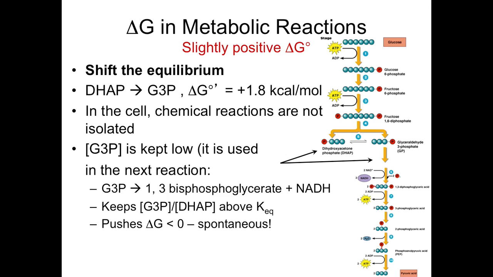So we get a lot of energy out of glycolysis, and glucose is a relatively stable molecule, and so you have glucose, which is going to be phosphorylated by ATP to make glucose 6-phosphate, and then you have an isomerization reaction that produces fructose 6-phosphate. Glucose is a 6-membered ring, fructose is a 5-membered ring with that 6 carbon sticking out as a branch.